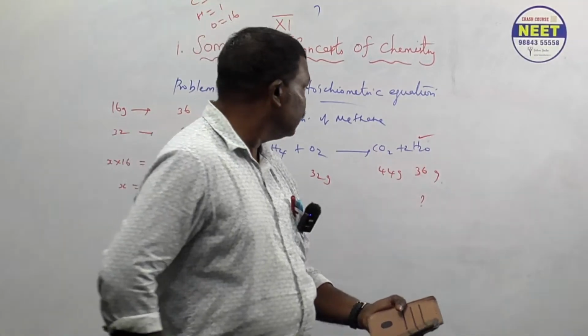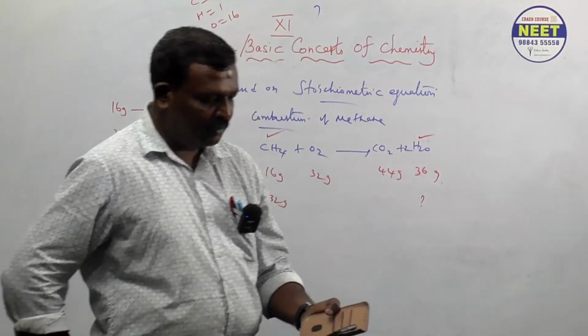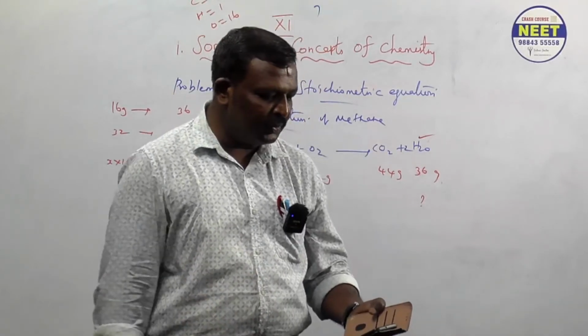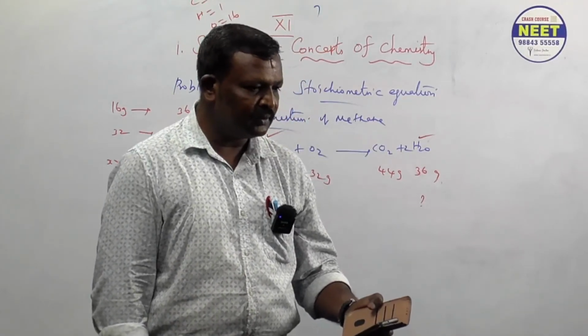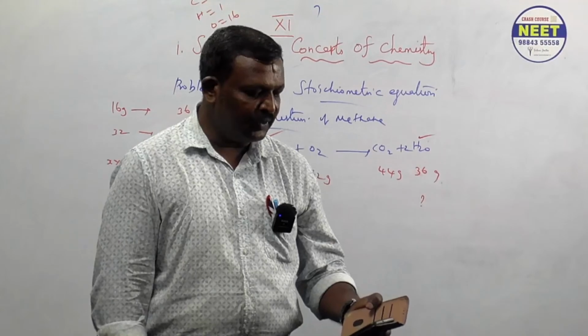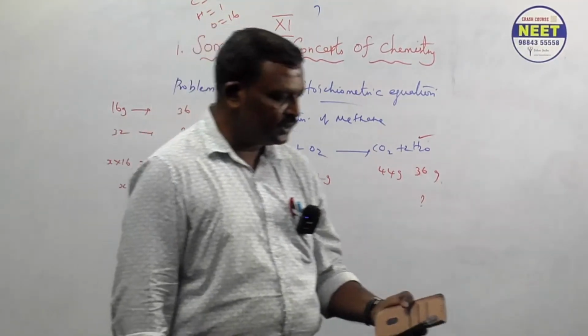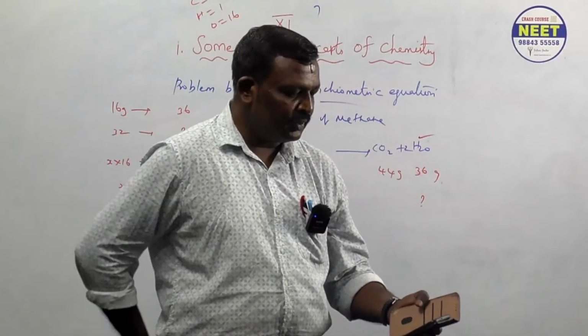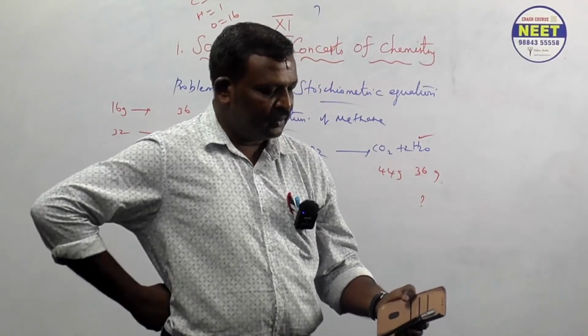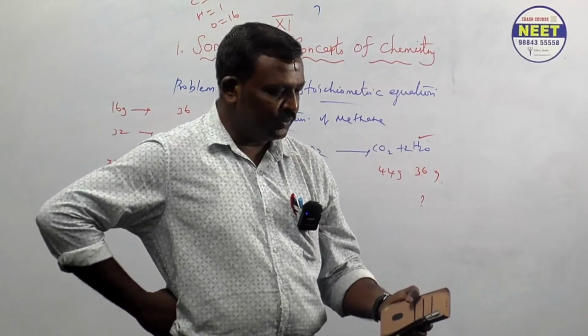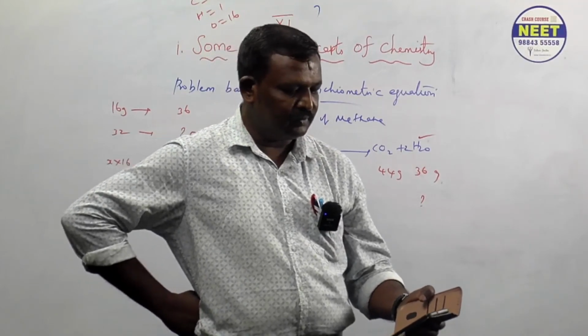Ethane, okay. You know the formula already. How many moles of ethane are required to produce 44 gram of CO2 after combustion? Find out.